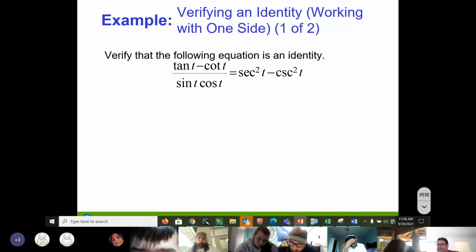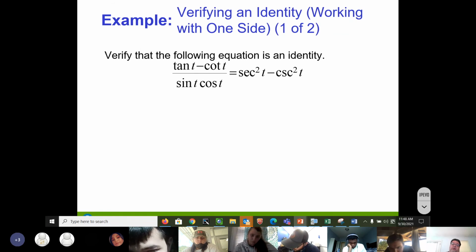Tangent t minus cotangent t over sine t cosine t equals secant squared t minus cosecant squared t. Well, I don't want to mess with that secant squared and cosecant squared. You could if you wanted to, but I'm going to mess with that tangent and cotangent.